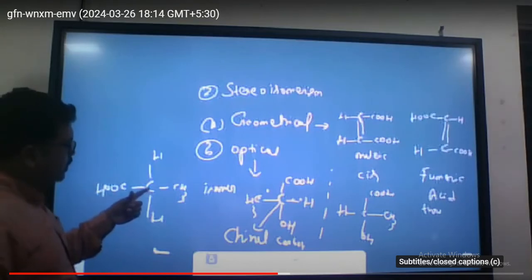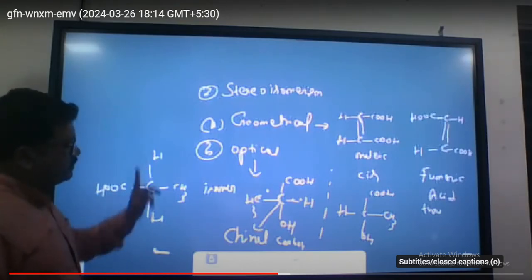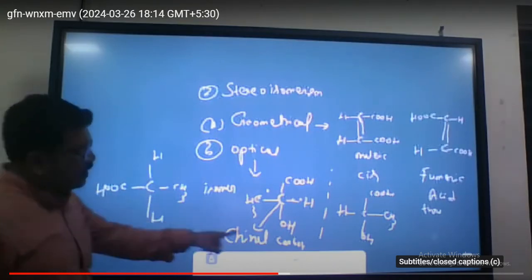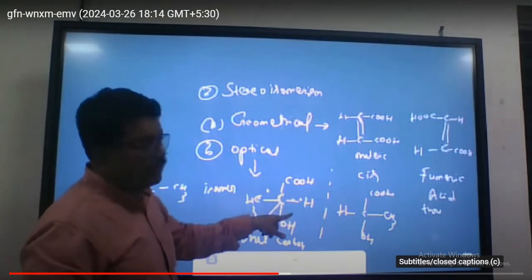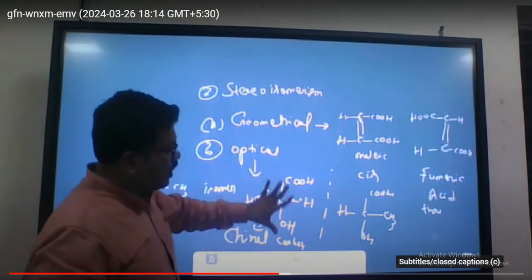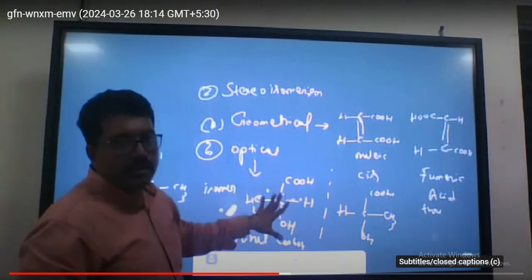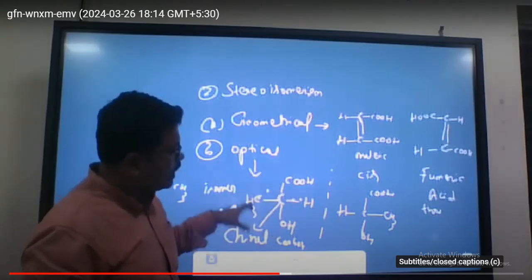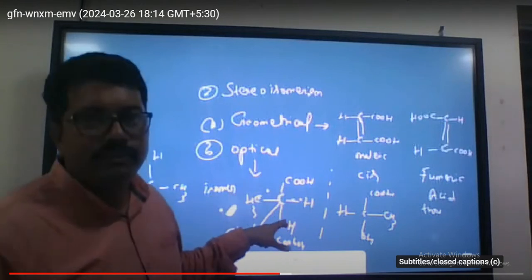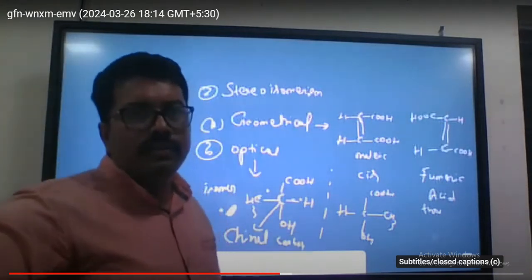These carbons contain two similar atoms here. But a chiral carbon should not contain all the same. It should contain four different atoms, and the groups attached to the carbon should be different. Okay, sir.